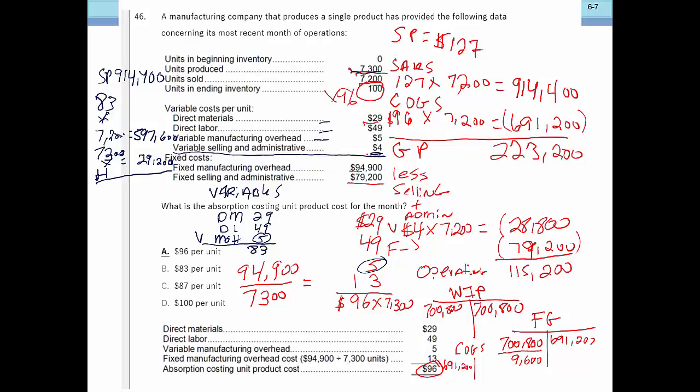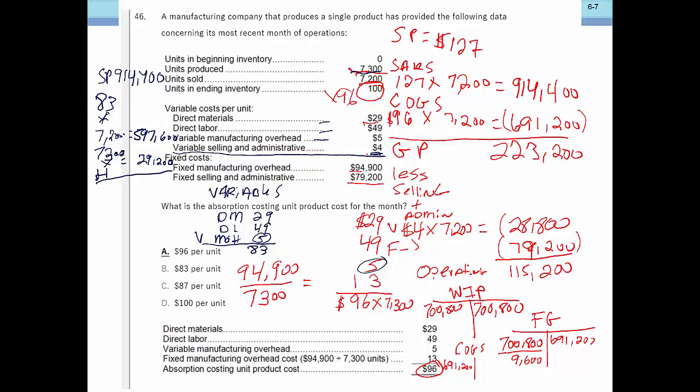And 914,400 minus 597,600 is 316,800, minus... where'd we get the 29,200?